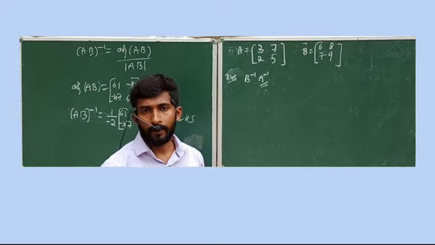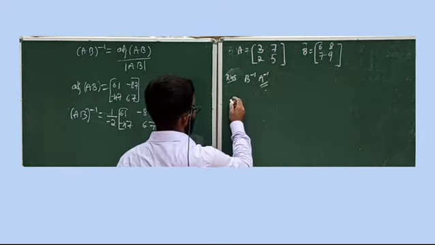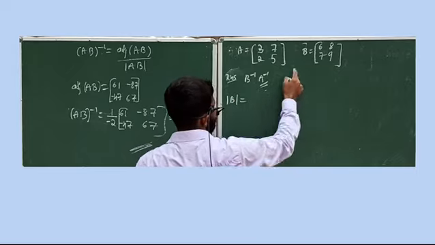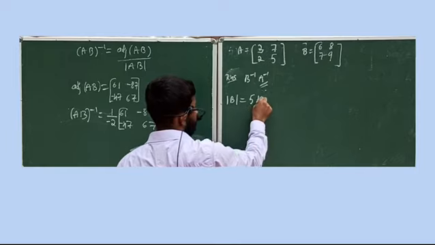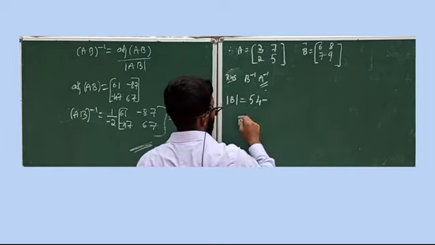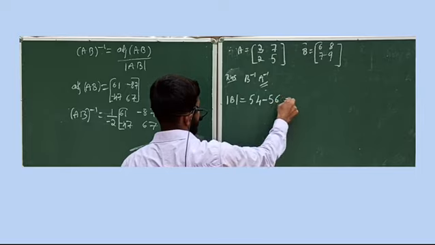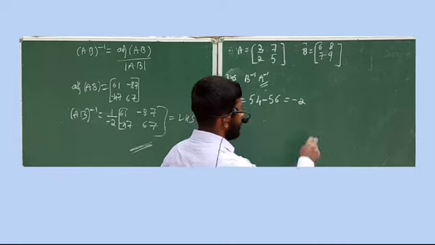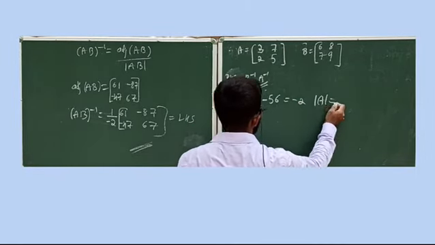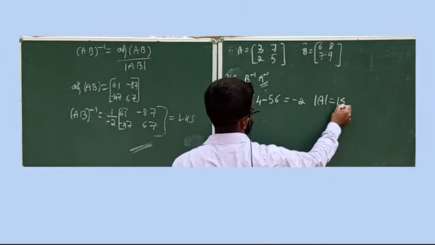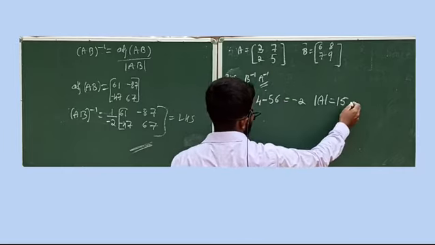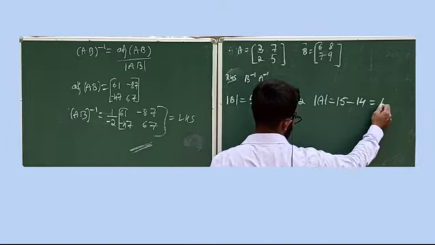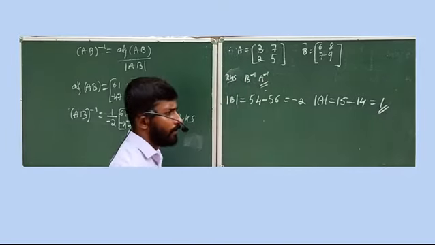Adj A divided by determinant A. First you need to calculate determinant B. Determinant B is product of diagonal entries 54 minus product of non-diagonal entries 56, it's equal to minus 2. Then determinant A is equal to product of diagonal entries, 5 3s are 15, minus product of non-diagonal entries, 7 2s are 14. Here it's equal to 1. Okay, determinant A is 1.